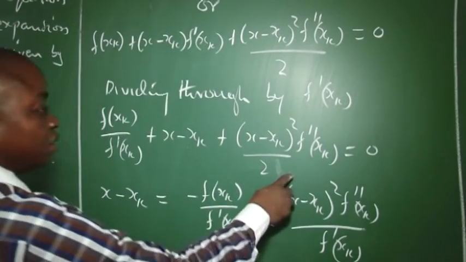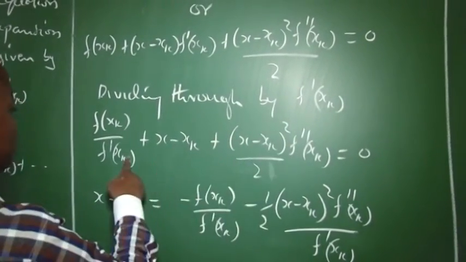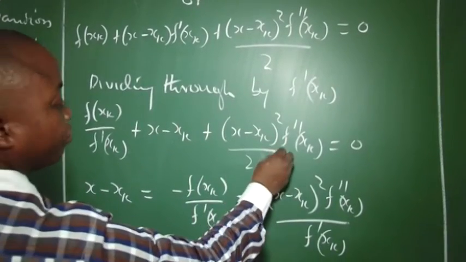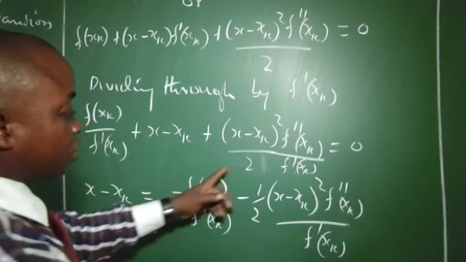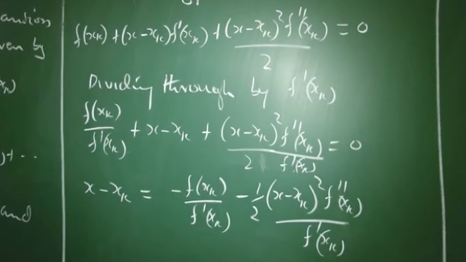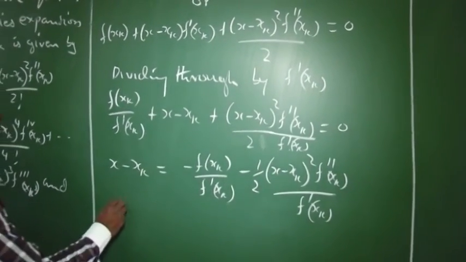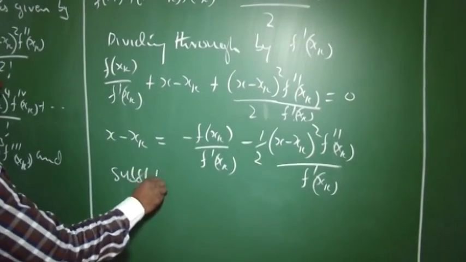Notice that when we divide through, we also divide here by f prime of xk. Now, I'm going to substitute. See what I'm going to do here?